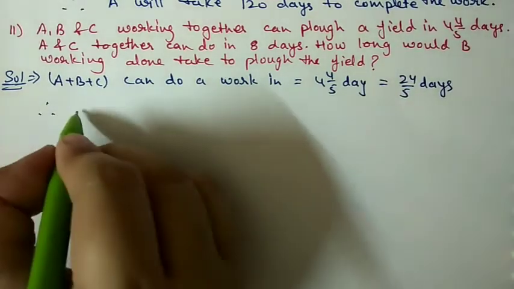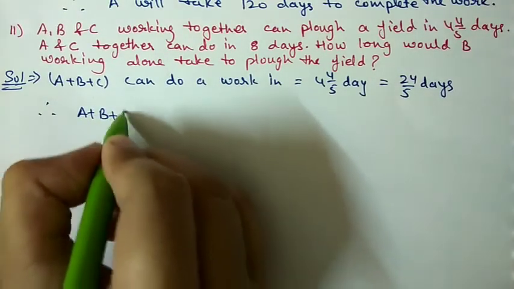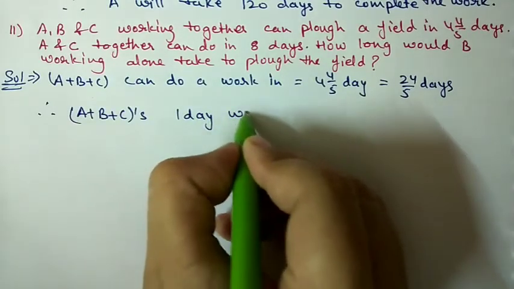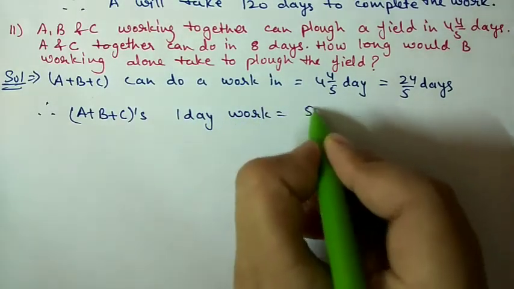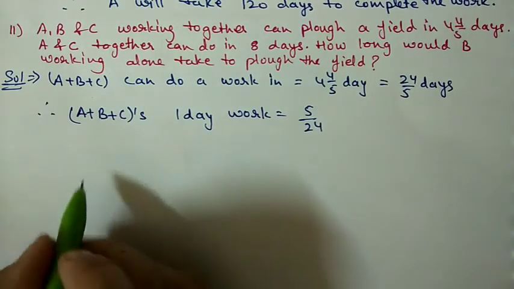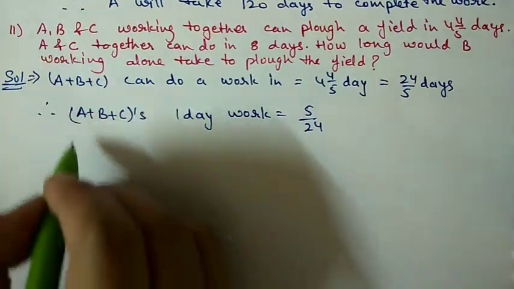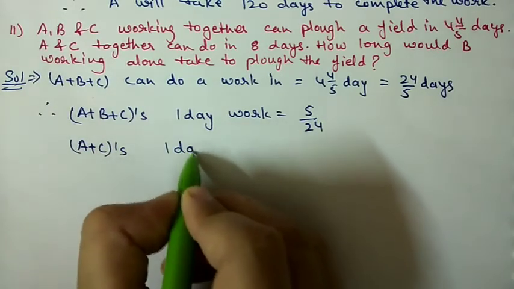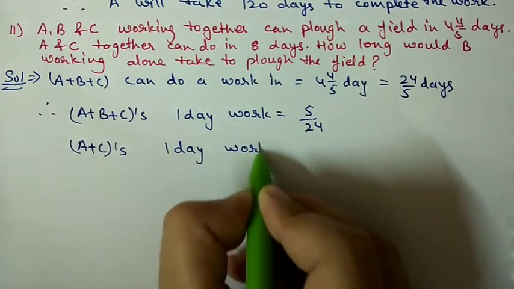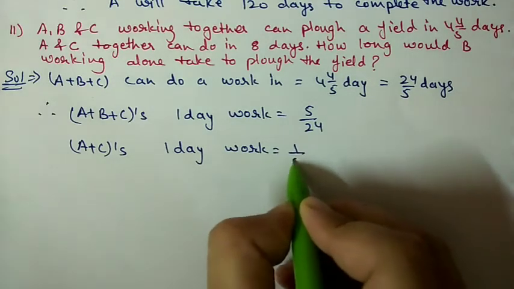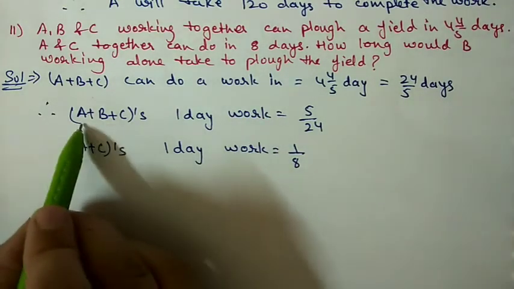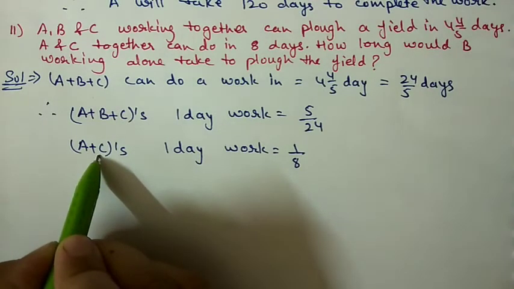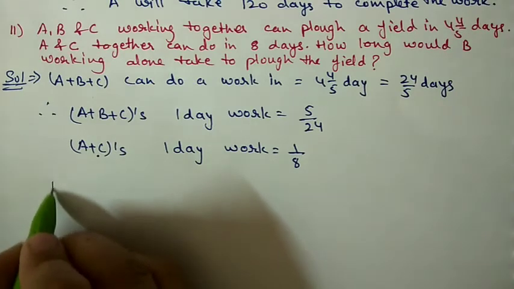So therefore A plus B plus C's one day work will be 5 by 24. Now they have given A and C's work together also. We can find out A plus C's one day work will be 1 by 8. So from these three doing together, if we subtract A and C, then we will get B's one day work.